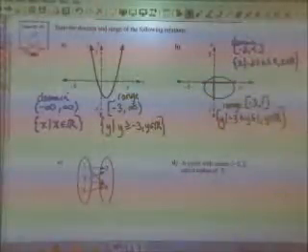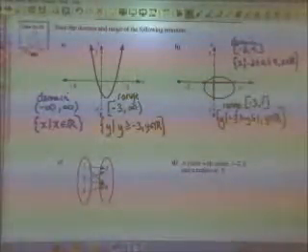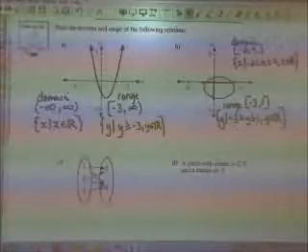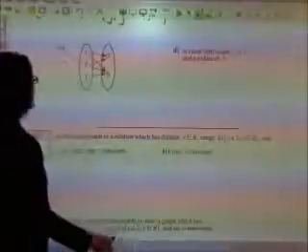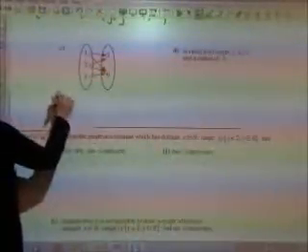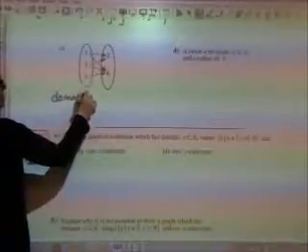Okay, so now look at C. The hint I'm going to give you on C is you can't use interval notation. So let's look at C. What's my domain of C? In a mapping diagram, what does the domain represent? The inputs. So what are the inputs? 1, 2, 3.